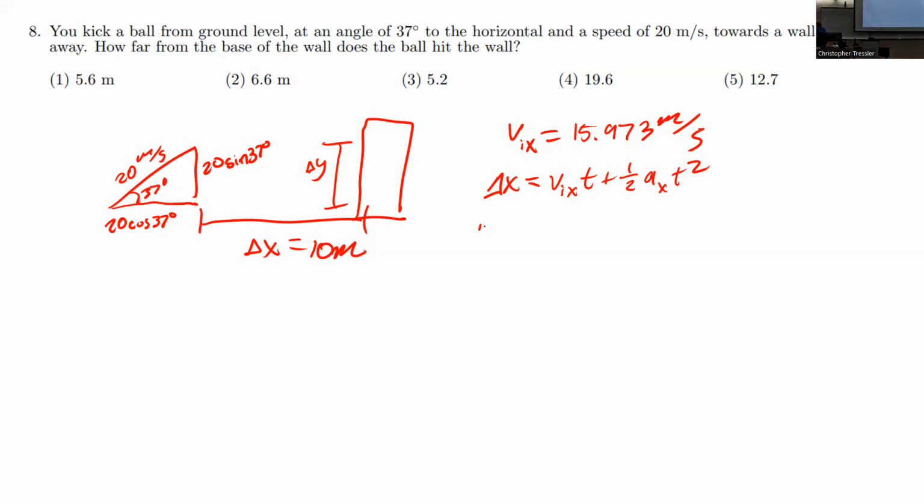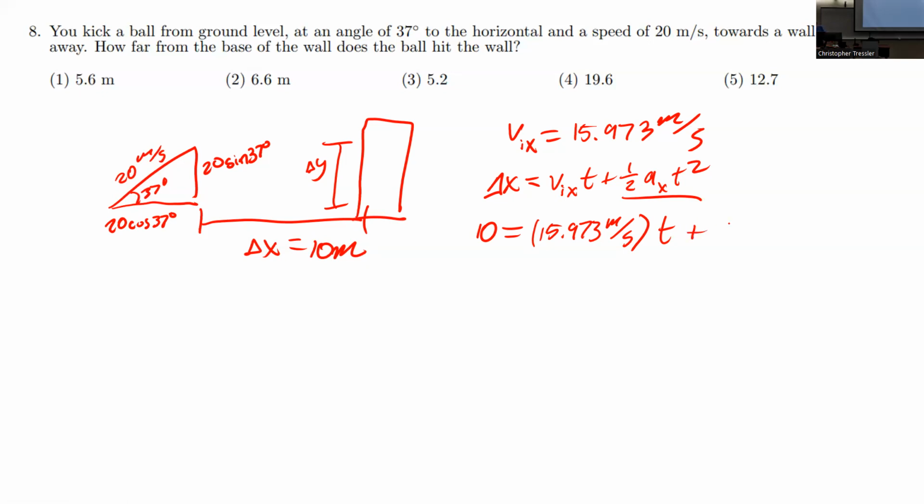So we're going to plug in 10 is equal to our initial velocity, 15.973 meters per second, times time. Now, once again, what did I say about the acceleration earlier? It's 0, right? So even if we did all the math, what is this entire part going to be? 0.